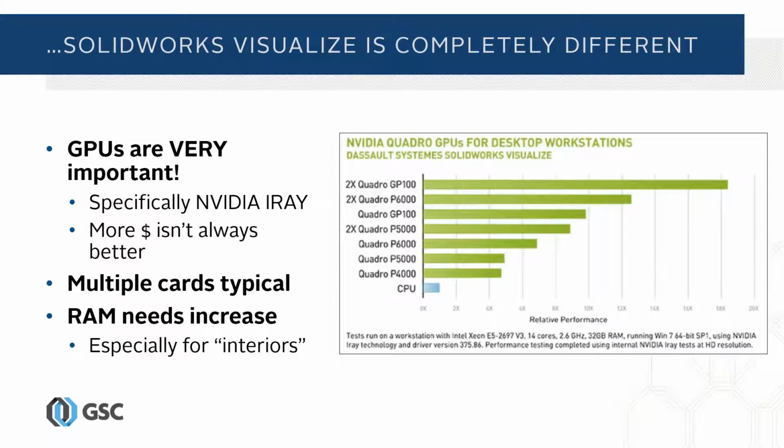But when you're talking about SOLIDWORKS Visualize, this is where things are different. Visualize is the professional rendering tool that's part of SOLIDWORKS Professional and Premium. Visualize eats up GPUs as fast as it can. The more GPUs you have of a given generation of card, the faster Visualize is going to render.